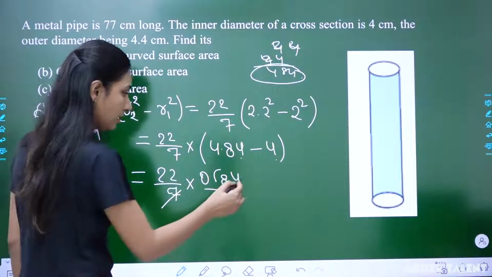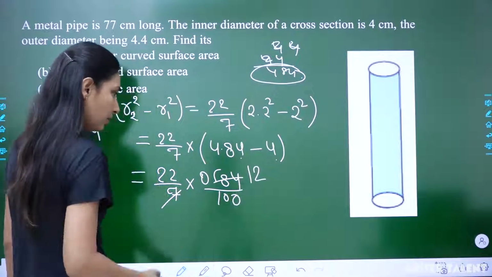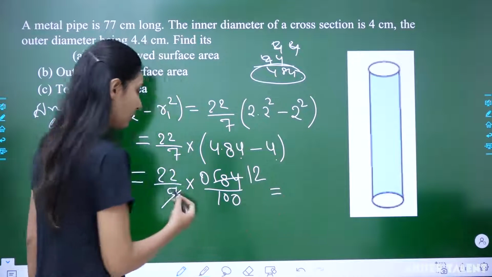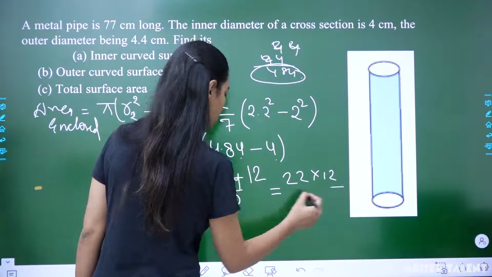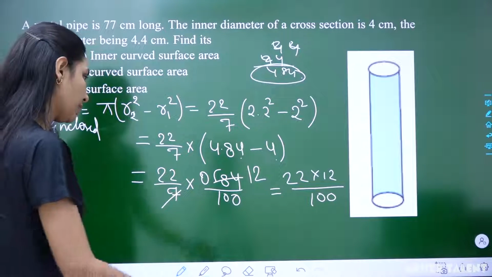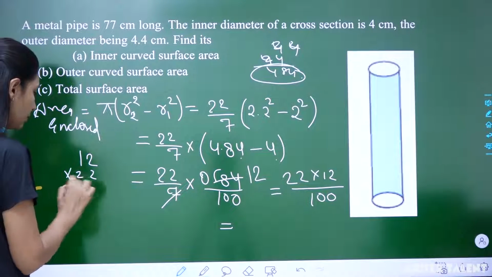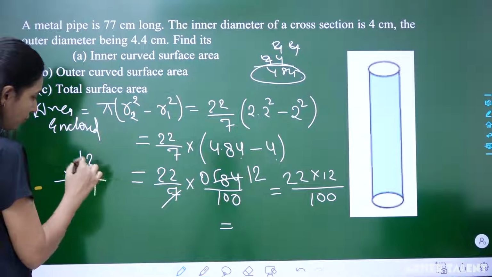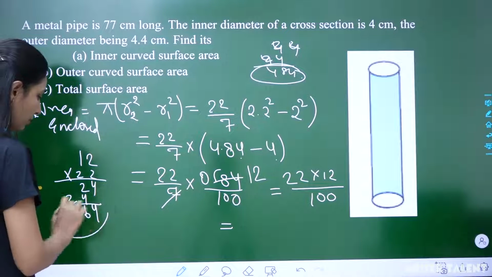Now cut it by 100. So 7 goes 1 time, 1 remaining, 2 times. So here it is 22 multiplied by 12 divided by 100. Is that so? Calculate it: 12 times 22 is 264.